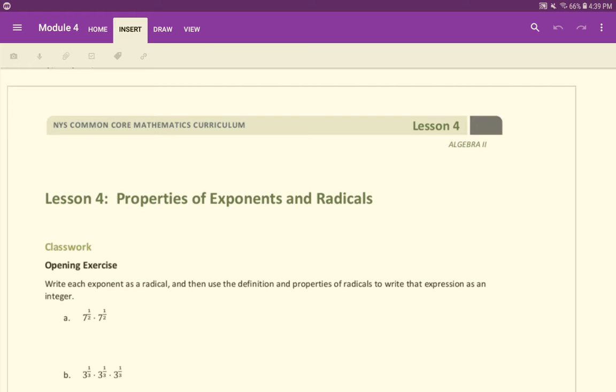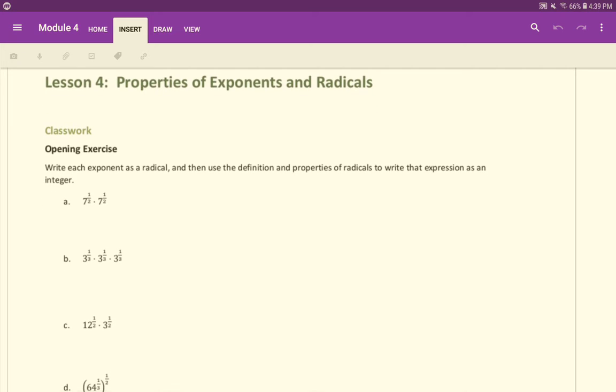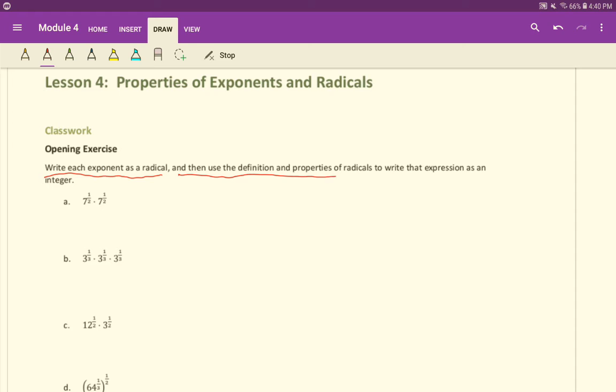The opening exercise asks us to write each exponent as a radical, then use the definition and properties of radicals to write that expression as an integer. Okay, so let's do that. First we're supposed to write each exponent as a radical.